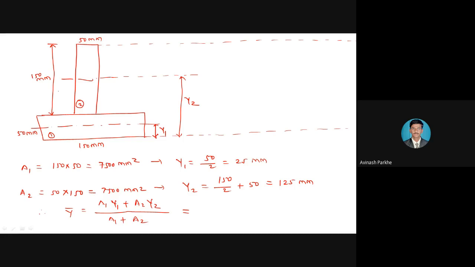So here I will draw the neutral axis, that is the center line. The position of neutral axis is very important. What is the y bar? 75. Yes, 75 mm.